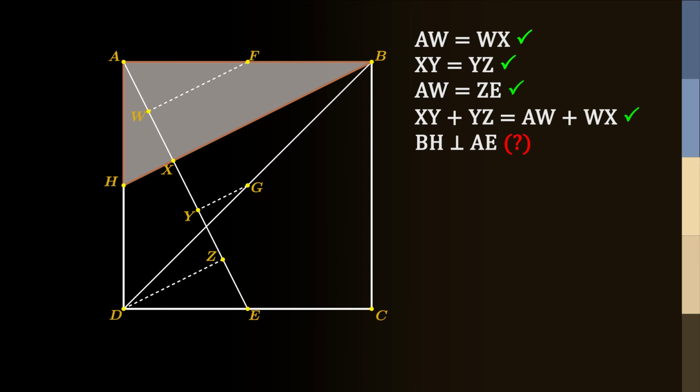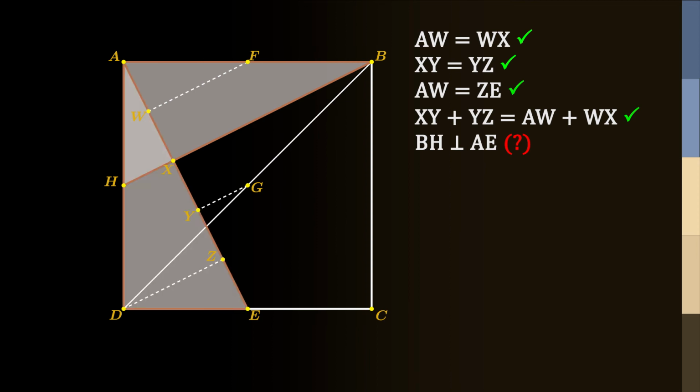To prove this, we will consider the two right triangles ABH and ADE. These two triangles are congruent because they have two equal sides and same included angle. Clearly, one of the sides is equal because it's the side of the square, and the other is equal because it's half of the side of the square in both cases.